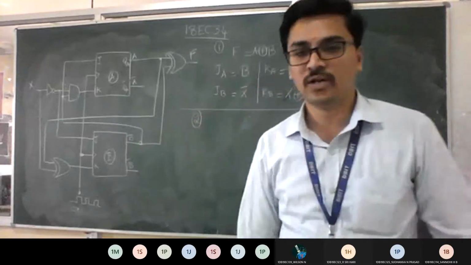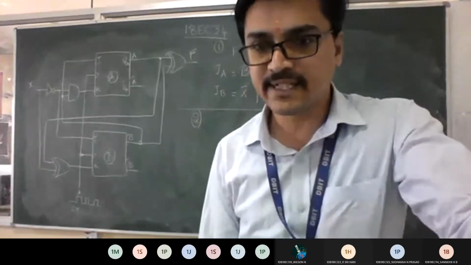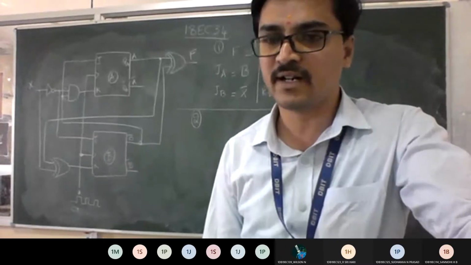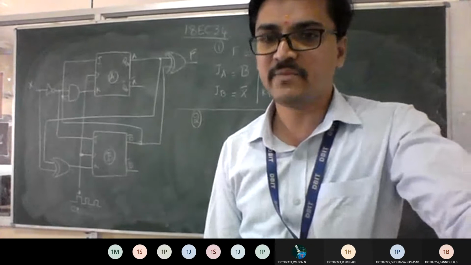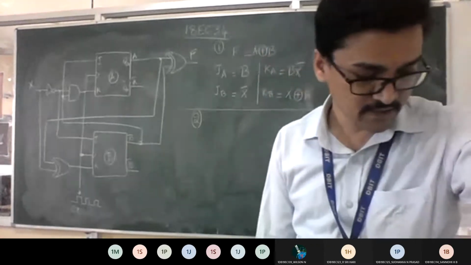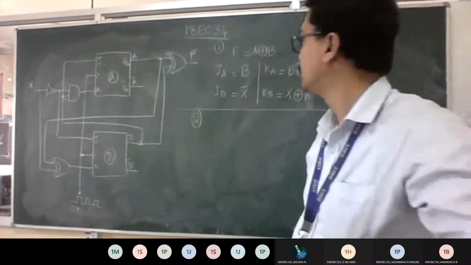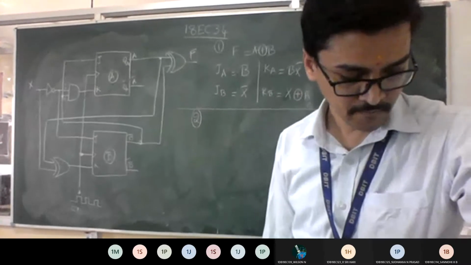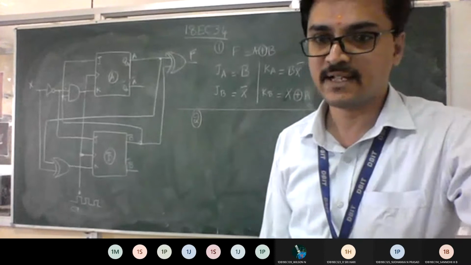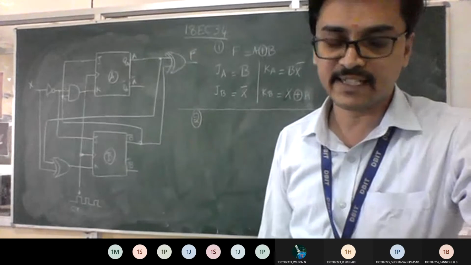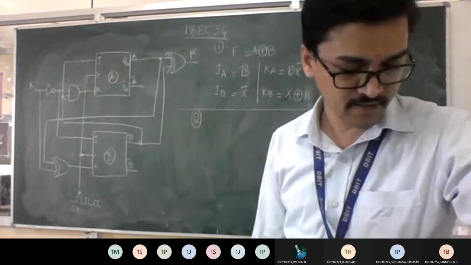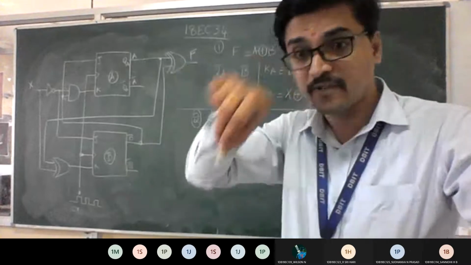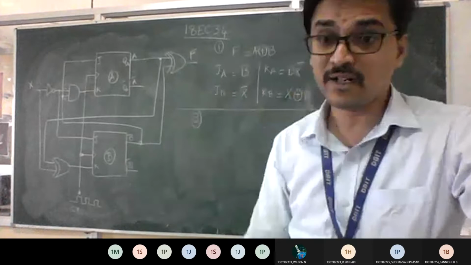Let's go with step number 2. We need to know the characteristic equation of any flip-flop. I think you already know the characteristic equation from the transition table, right? So the same thing we need to write here. What was the transition equation for your JK flip-flop? Second step is the characteristic equation, or the next state from the transition table.